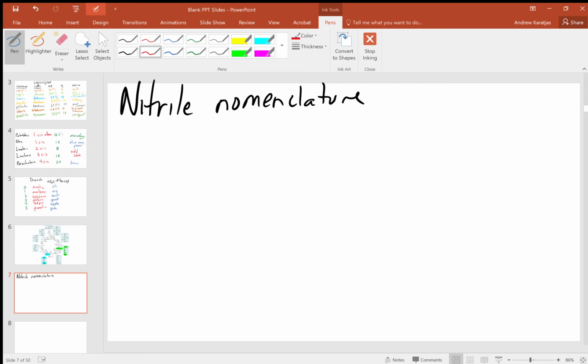And, as we talked about earlier, the carboxylic acid's very, very similar to aldehydes. Well, nitrile nomenclature is probably most similar to thiols. And that's for a number of different reasons.